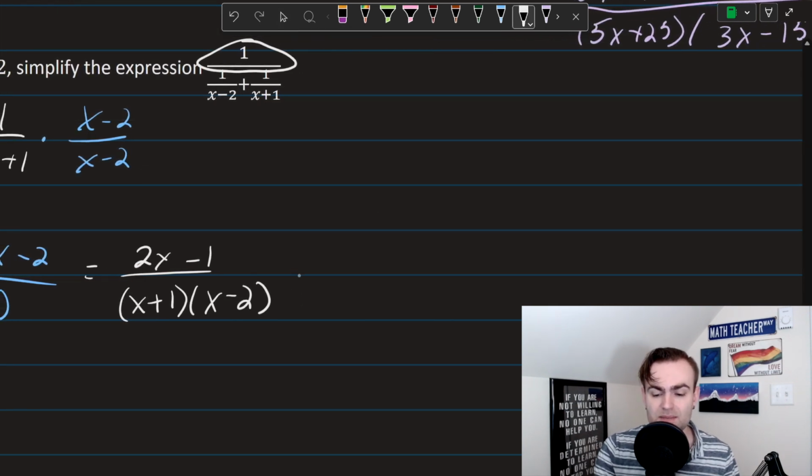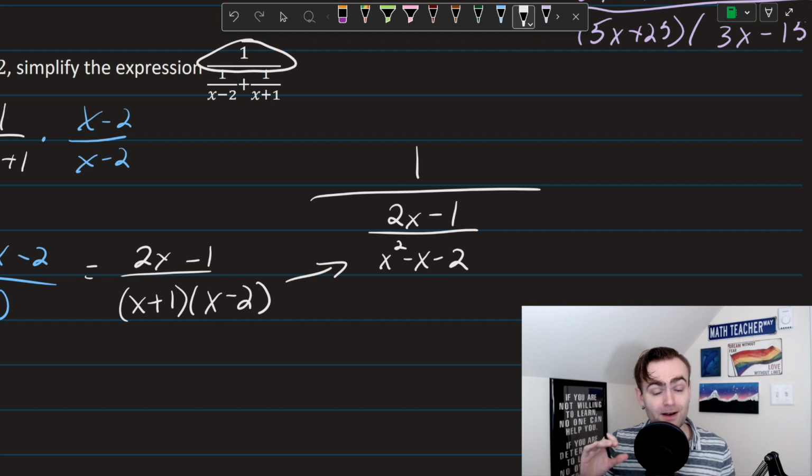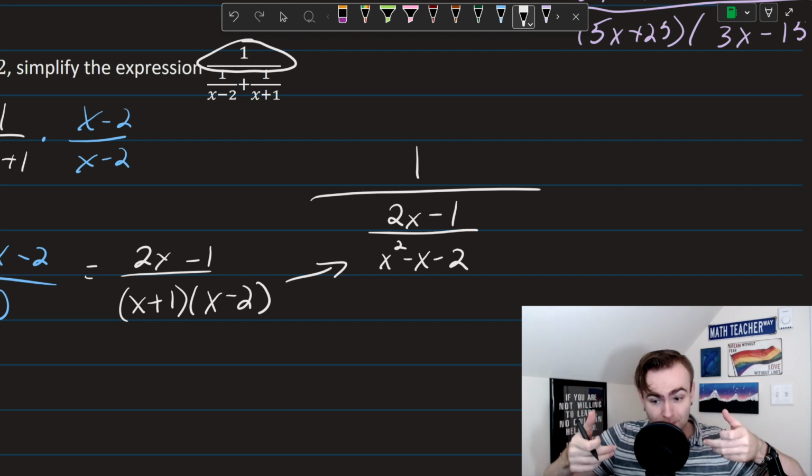And now we can actually go back to the division. So technically speaking, this is all a denominator. So we have 1 divided by this fraction, 2x minus 1. And I'm going to distribute this because there's nothing that's going to cancel out, so there's no harm in that. And that would be x squared minus x minus 2. When I divide something like 1 by a fraction, what do I do? I multiply by the reciprocal.